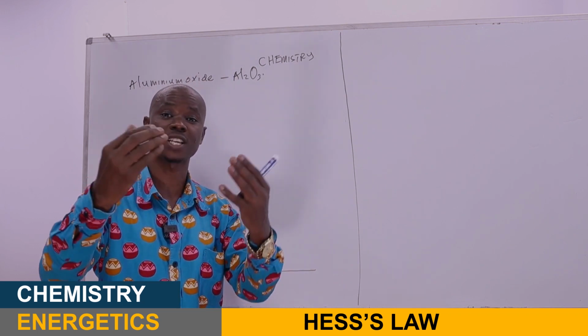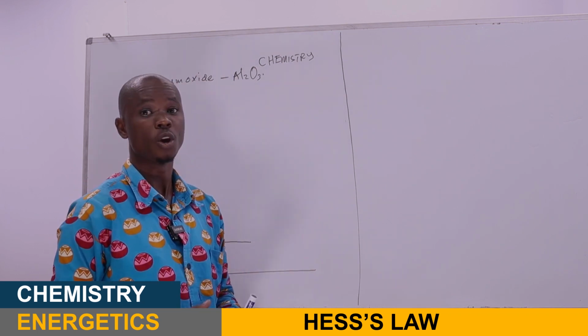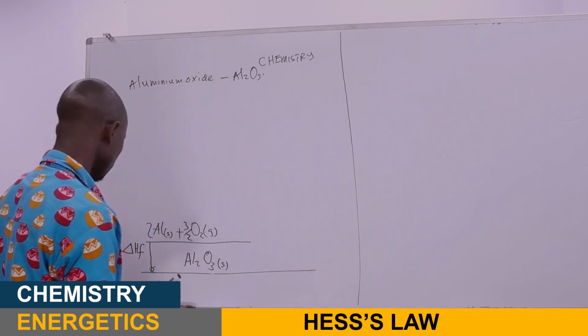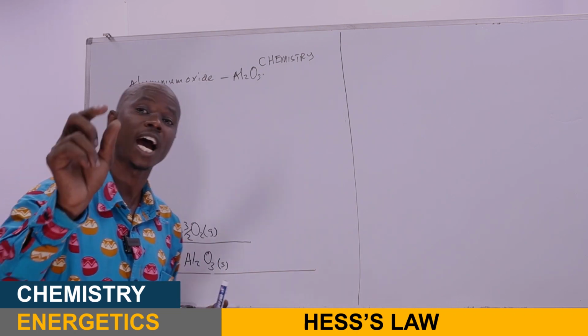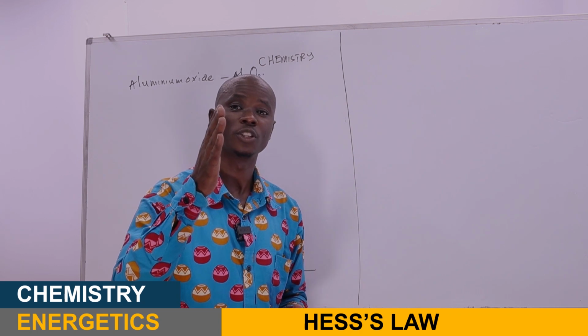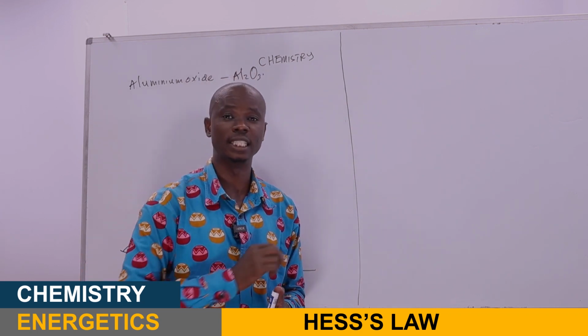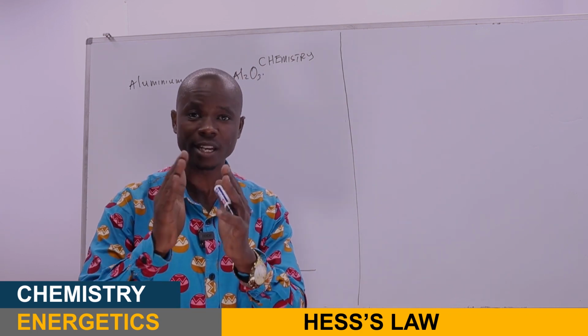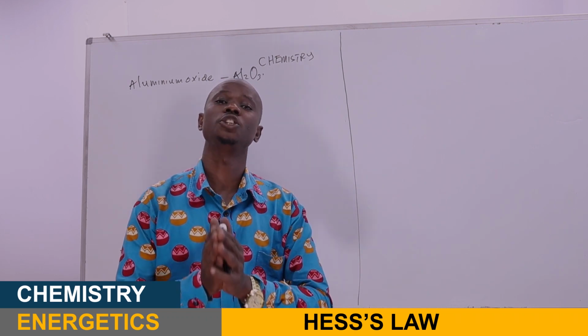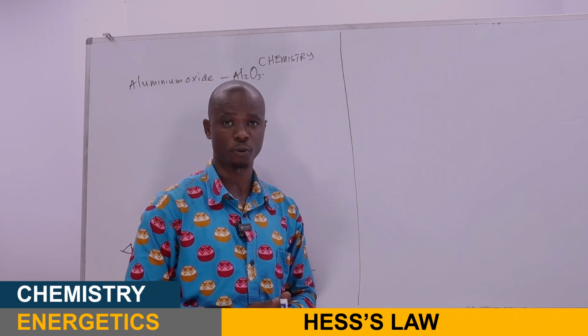I'm sure that you have studied this one, my dear students, and I hope that we are together and remember it. So here, before we go to the ionization process, we have to convert the solid aluminum metal into gaseous form.